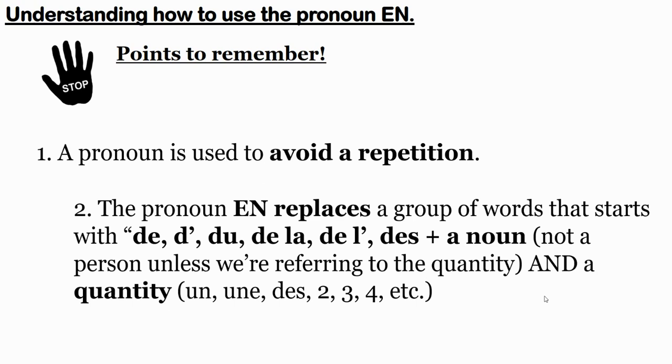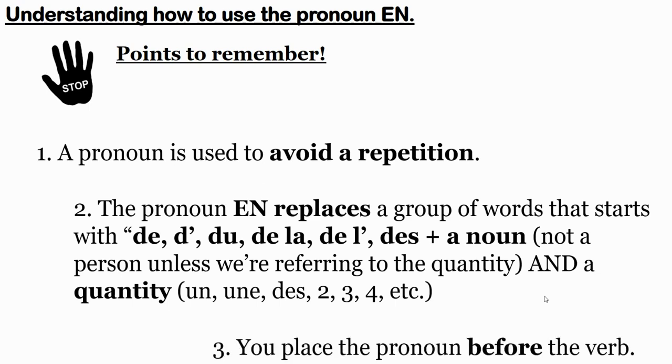And we use en to replace a quantity. So it can be un, it can be une, the plural des, or any numbers, 2, 3, 4, 5, etc. And you place the pronoun en before the verb.